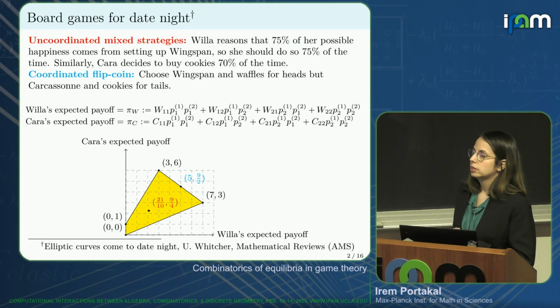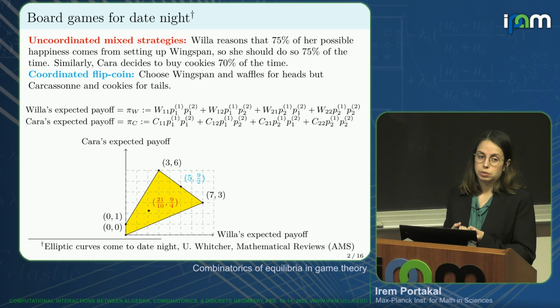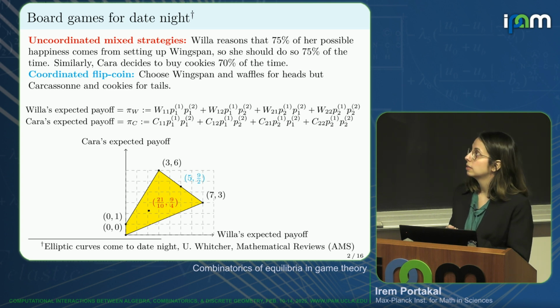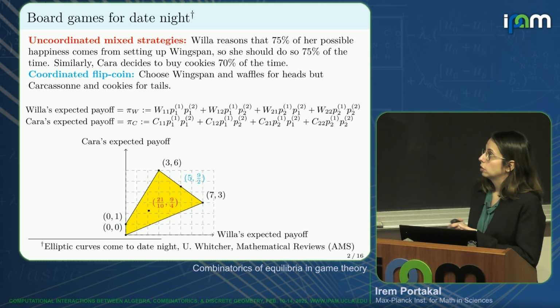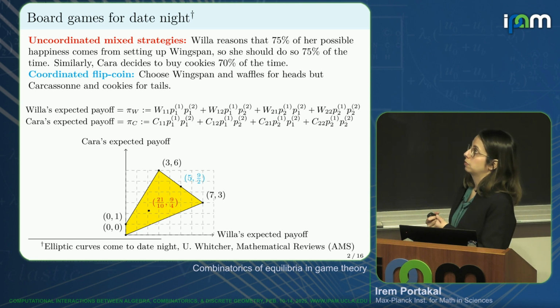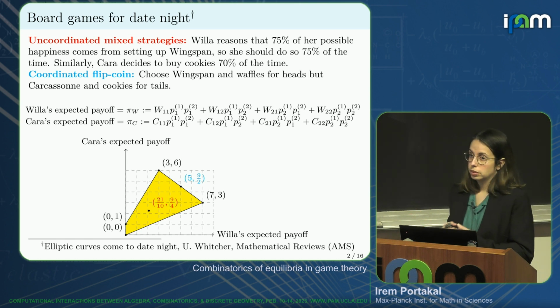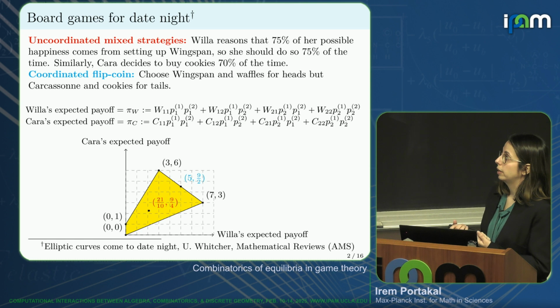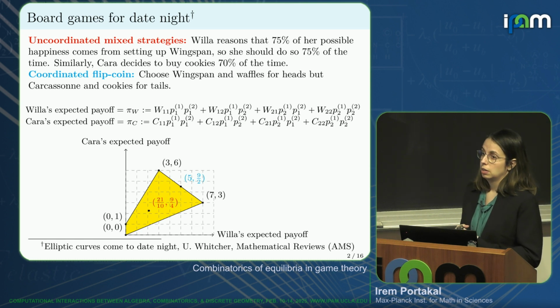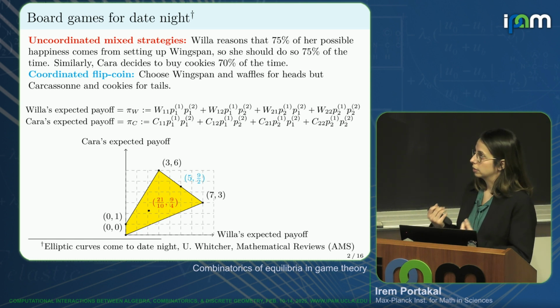Okay, so instead of these deterministic strategies, I can take a point in the interior of the product of these simplices and say, Villa is going to choose 75% of the time W, the strategy 1, and Kara decides 70% of the time to bring cookies home. This is strategy 2.